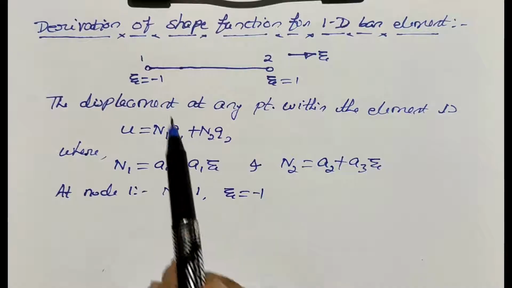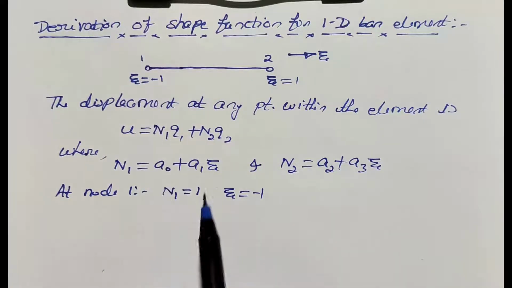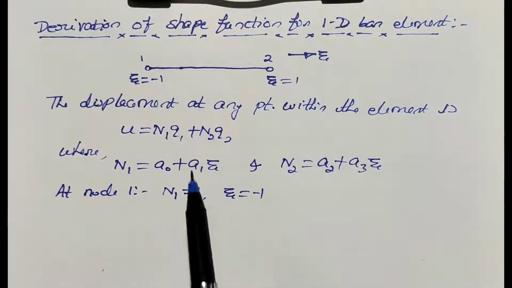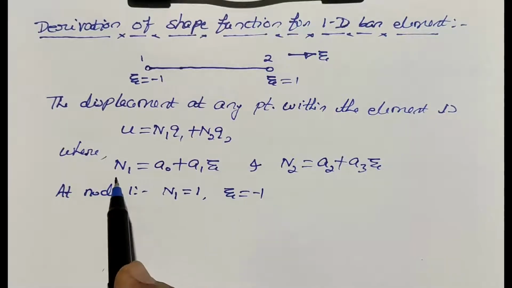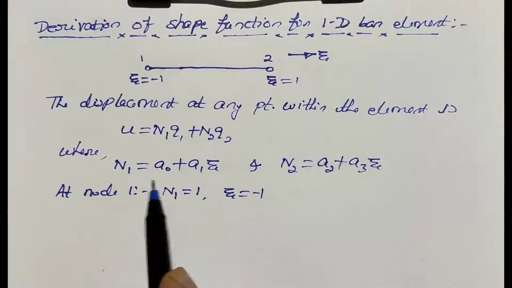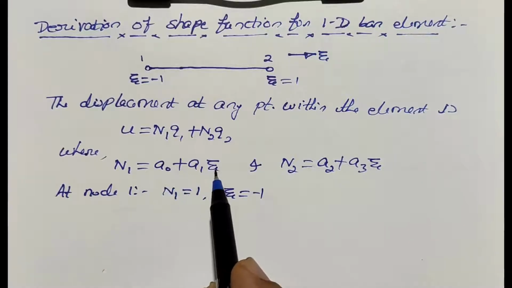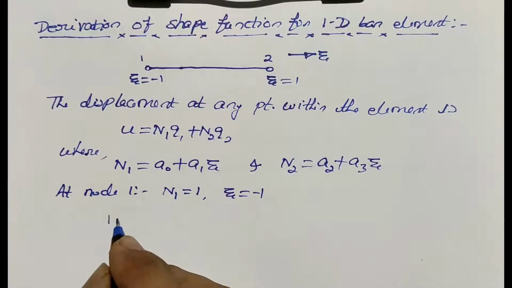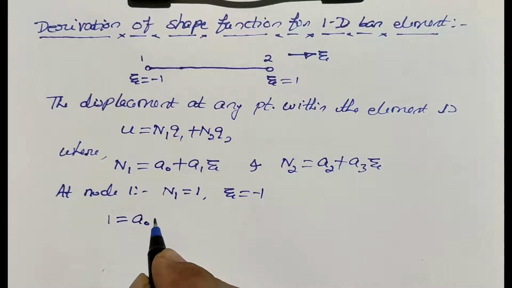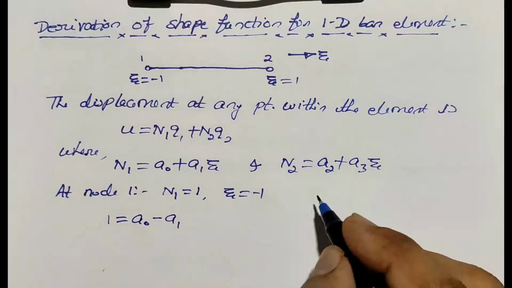So N1 corresponds to node 1, therefore the value of N1 will be equal to 1 at node 1. Now I will substitute this in the equation N1 is equal to A0 plus A1 zeta. So it becomes 1 is equal to A0 minus A1.